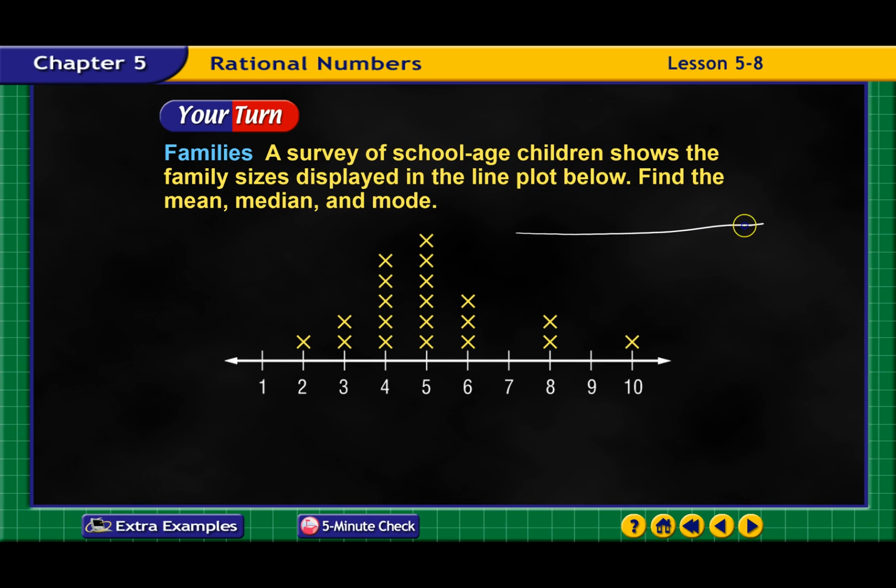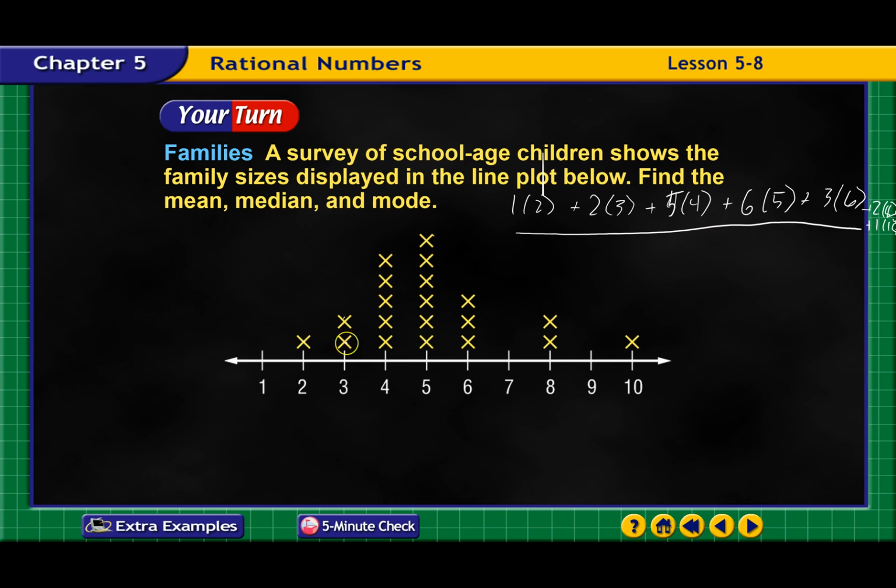All right, so let's set this up here. So there is one person had 2 plus there's 2 groups that had 3 plus 4 groups that had 4, and 5 groups got 5 plus 1, 2, 3, 4, 5, 6 groups that had 5 plus 3 groups got 6, and then looks like plus 2 that had 8, and then plus 1 times 10.